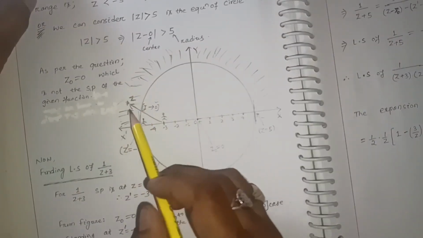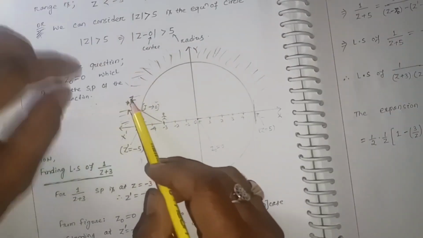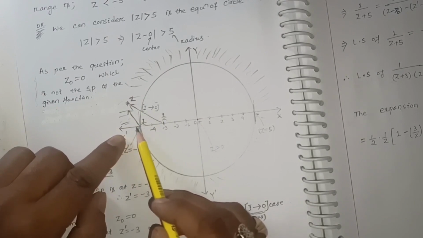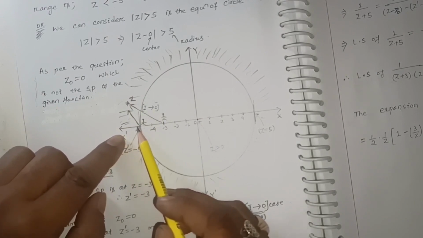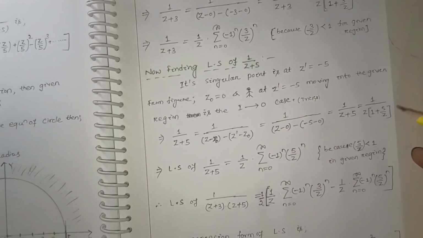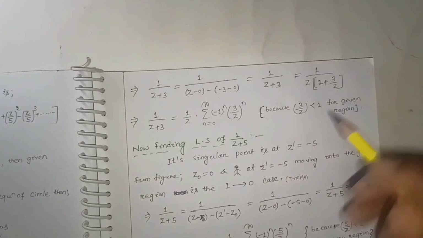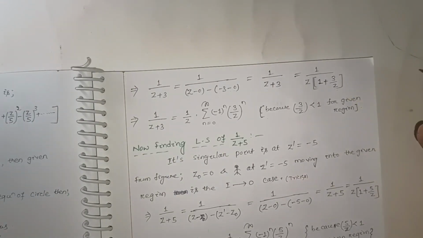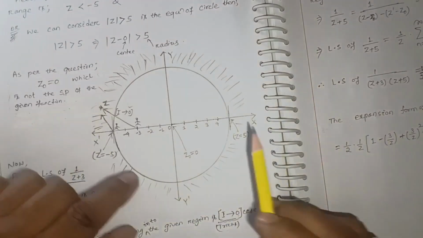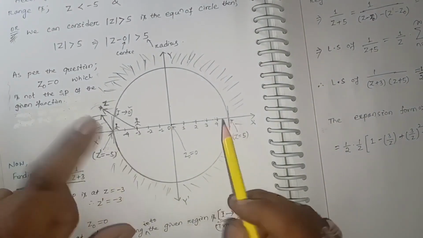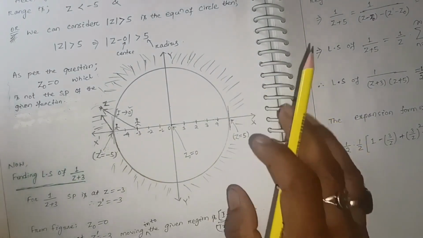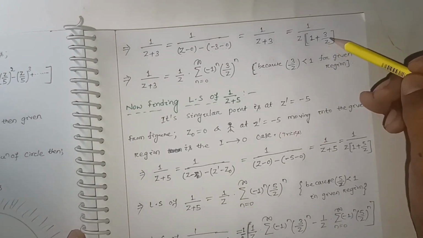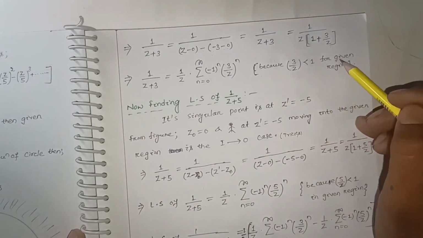For simplicity, take an arbitrary point on the real axis, say minus 5.1. 3 by minus 5.1 is less than 1. Another point you can check: plus 5.1 is also less than 1. Take 6, also less than 1. So 3 by z will always be less than 1 for the given region.